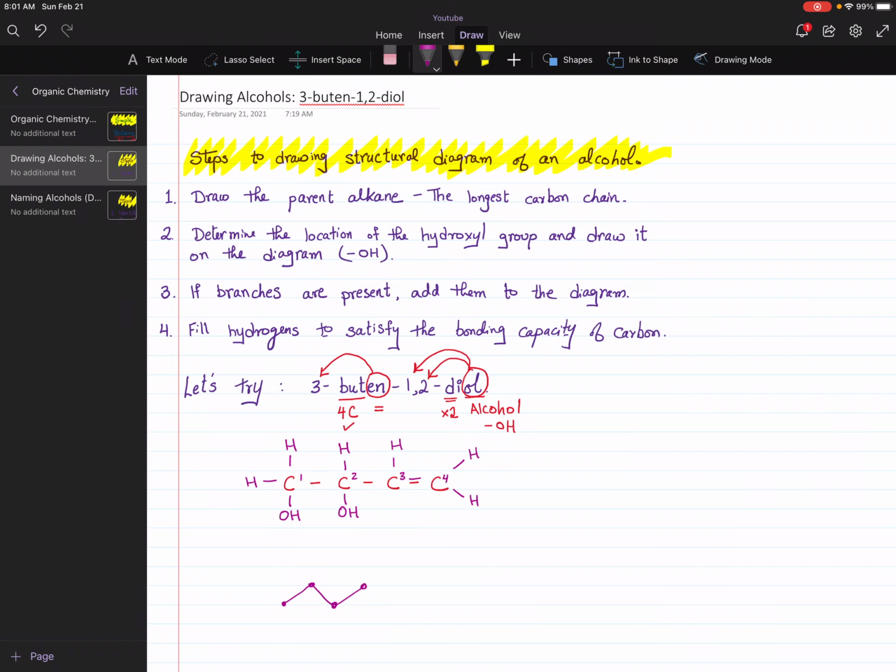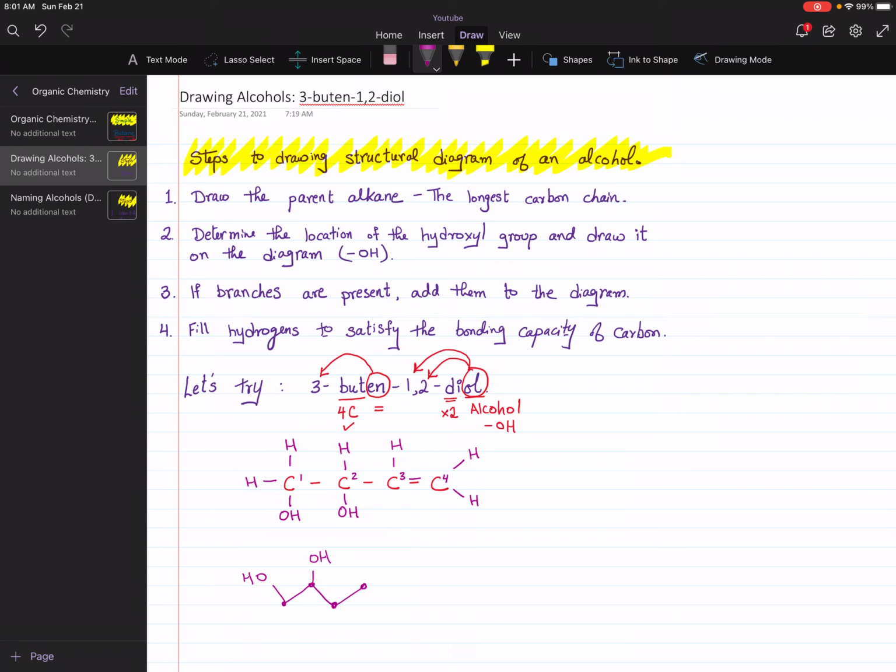Now we'll add the double bond or the alcohol groups. We can go either way. We can add the alcohol groups first if you would like. Alcohol groups would be on position 1 and 2. So I can place one on position 1 and position 2. That's my alcohol groups. Remember the dots represent the carbons.